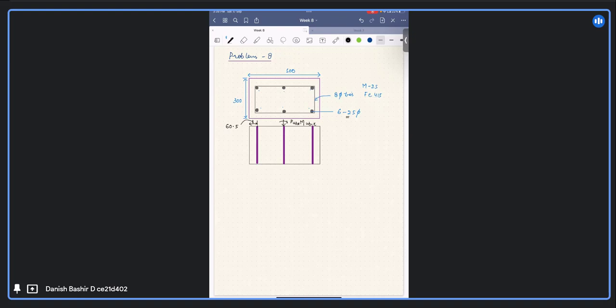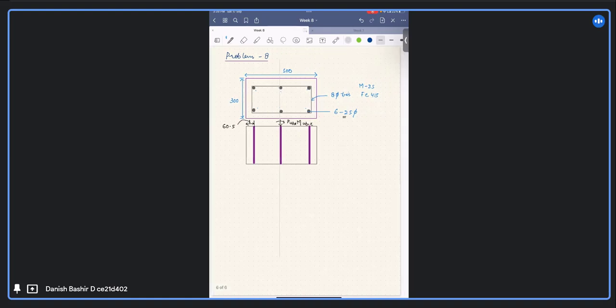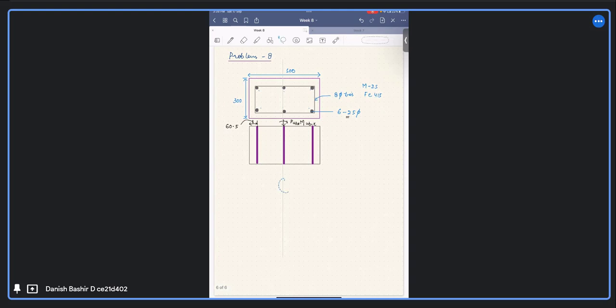I will write this as centroidal. I will take this as the centroidal part, so with respect to this line, all the calculations will be done. I will number it.